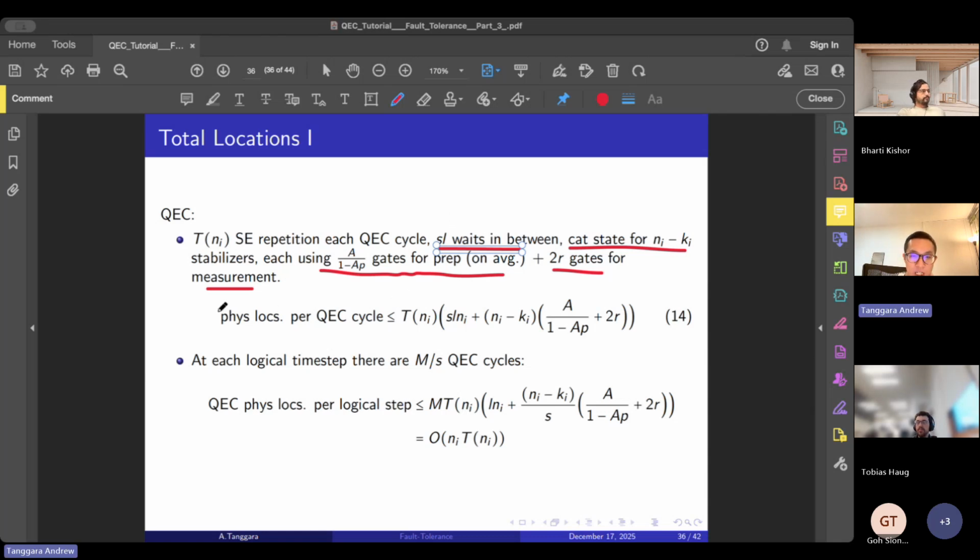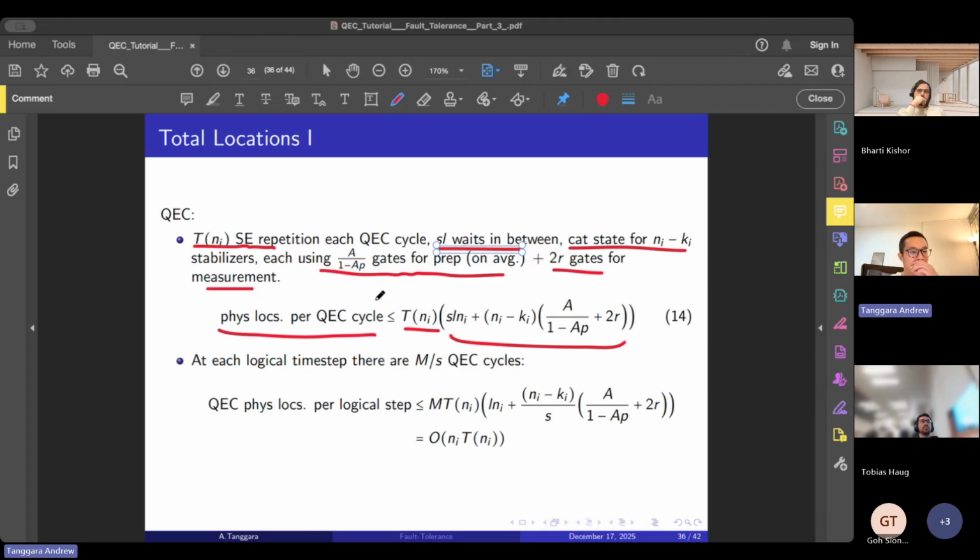If we put them together, for every QEC cycle, I repeat the syndrome extraction, so we have this T of n_i, and putting all of those together we get this equation 11.